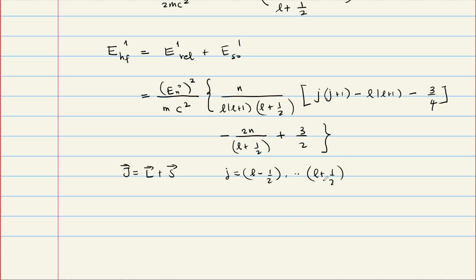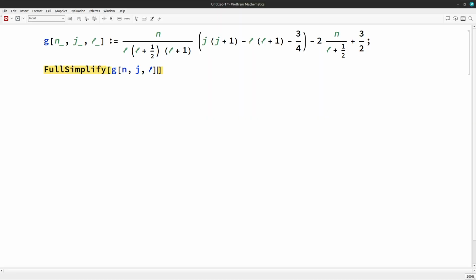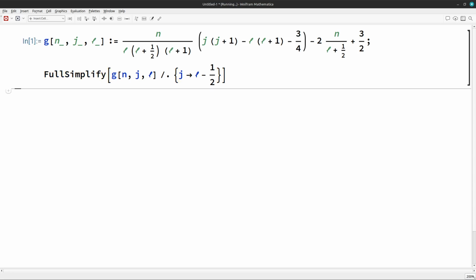So basically there are two possibilities. j is either l minus 1/2 or l plus 1/2, and I want to substitute that. So for j, let's substitute l minus 1/2 first. Is this what I did? Yes. And let's see if it's going to simplify.